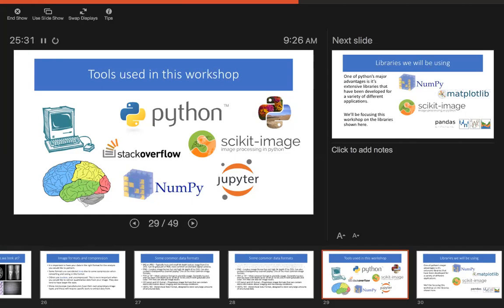Maybe I should have given some background on myself. A lot of what I do is imaging. I build and operate microscopes. The microscopes we have, right here in the back, are light sheet microscopes and regular epifluorescent microscopes. The light sheet microscopes generate data on the order of multiple terabytes per experiment.